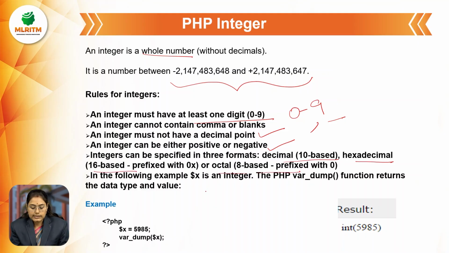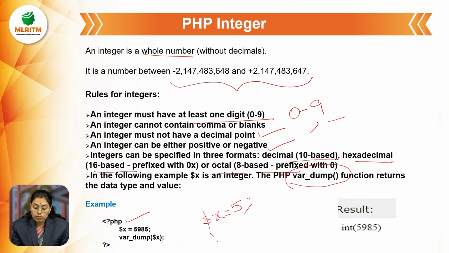In the following example, $x is an integer. We are using var_dump. Var_dump is a function which is used to return the data type and its value. Let's see a small example, that is PHP, because it is a PHP script. Now we are declaring $x equal to, suppose we take 5, and we close the statement.